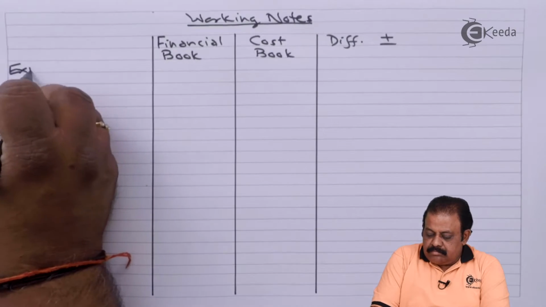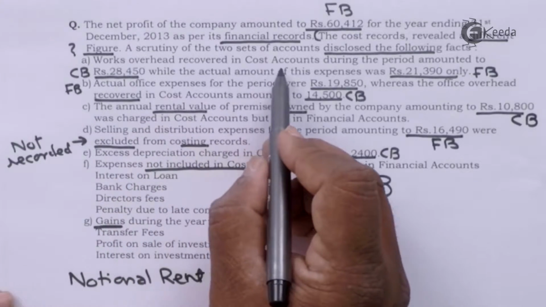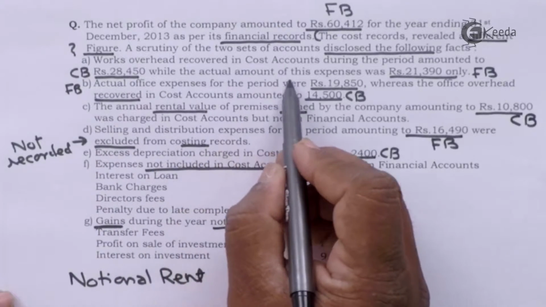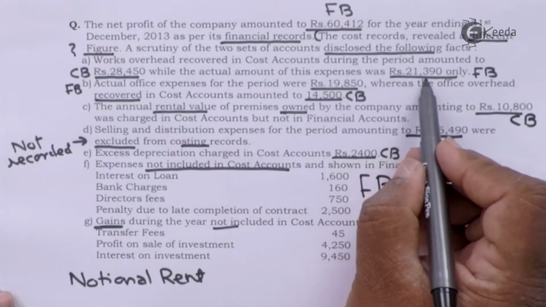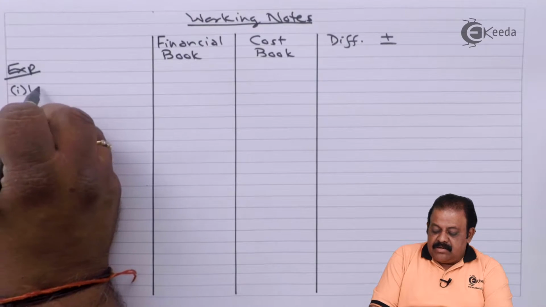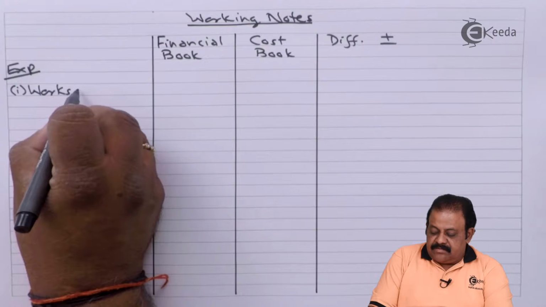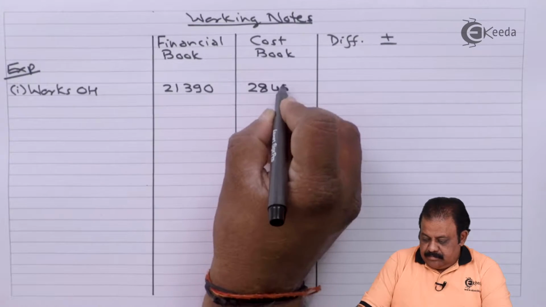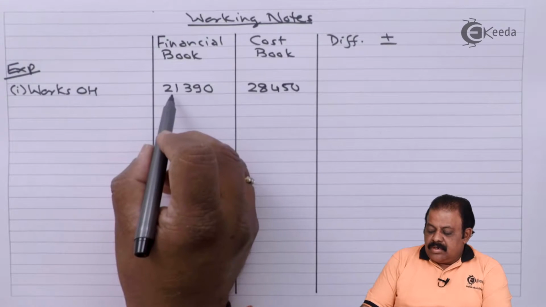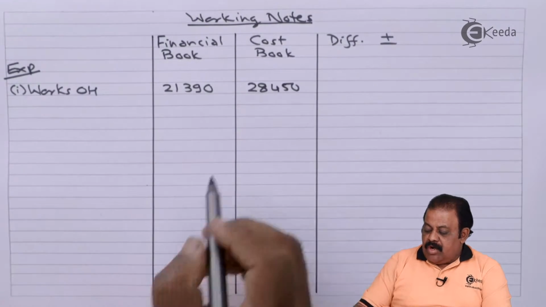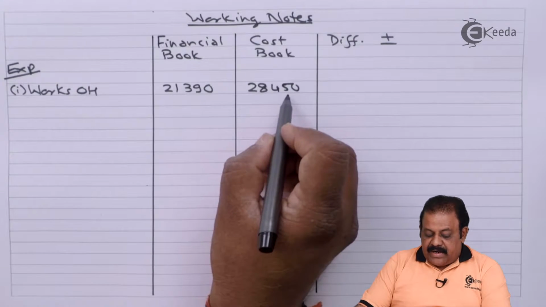Works overheads recovered in cost account during the period 28,450, while the actual amount of this expense was 21,390 only. So the first expense we'll consider is works overheads. In financial book, 21,390 actual amount paid. In cost book, recovered 28,450.